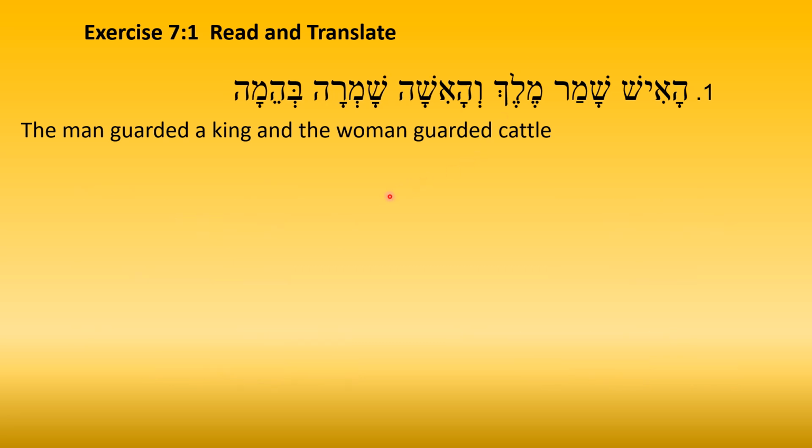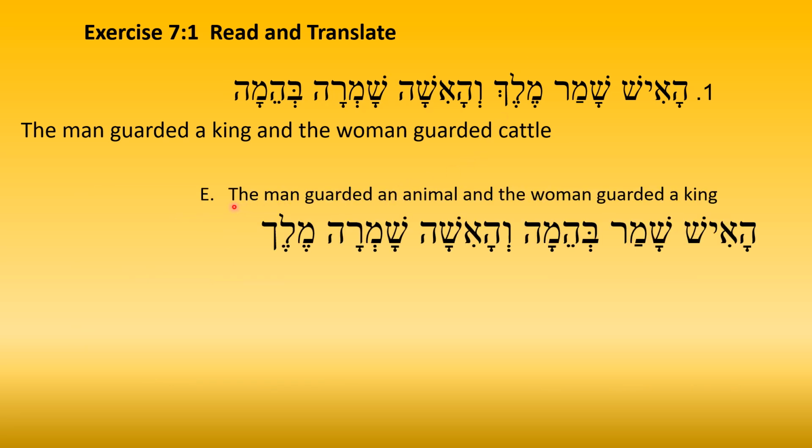So now your sentences will get a little more complicated. The man guarded an animal and the woman guarded a king. Same sentence, but reversing the object of each. Ha'ish shamar behema, the man guarded an animal.